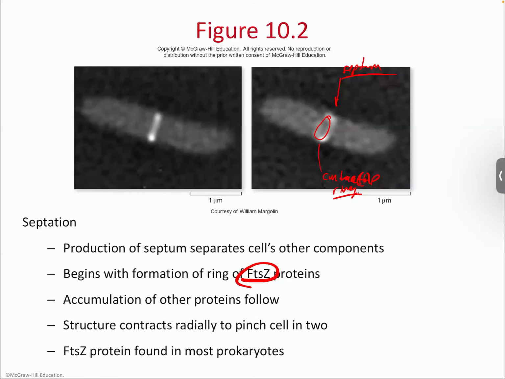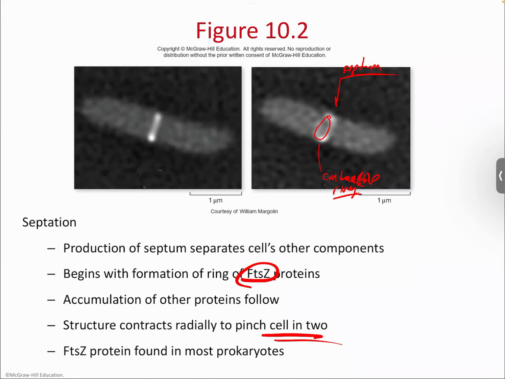So you can see it's just this little drawstring ring that's around that little central area. And then what happens is it's contractile, it'll cinch down, just like a little aperture. And when it does that, it pinches apart the cell into two different cells. And this is a protein that we find in most of the prokaryotes that we studied during cell division.